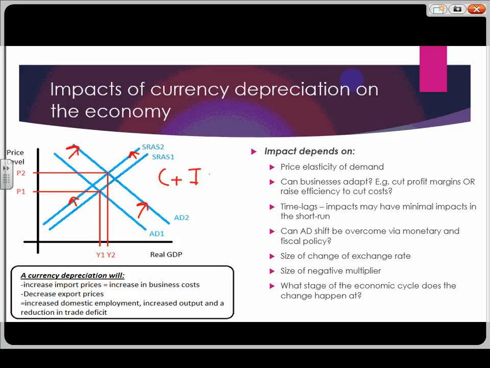We've got the formula for AD: C plus I plus G plus X minus M. If imports become more expensive, you'd hope that import demand would start to fall over time. So production would shift away from foreign goods and services towards more domestic goods and services.